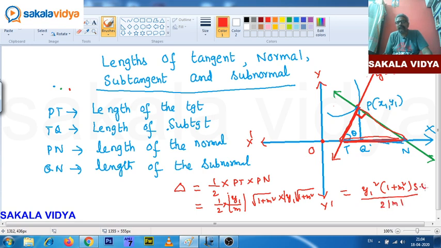This will be square units. So, this is the area of the triangle formed by the tangent and normal with x axis. With the help of this formula you can evaluate it. This will be the proof, easily we can find out.